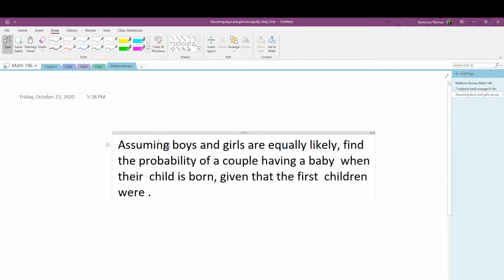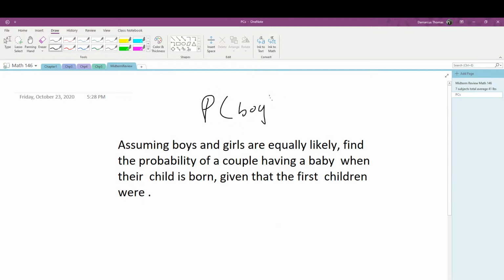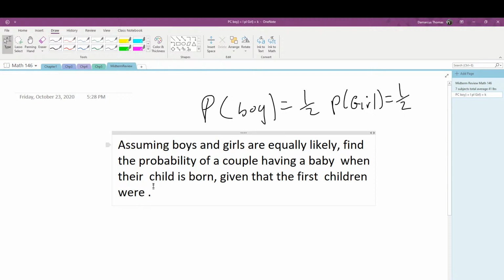So again, we're assuming boys and girls are equally likely, which basically means the probability of a boy is 1/2, probability of a girl 1/2. Find the probability of a couple having a baby when their child is born. Do they mean a baby girl? Find the probability of a couple having a baby.